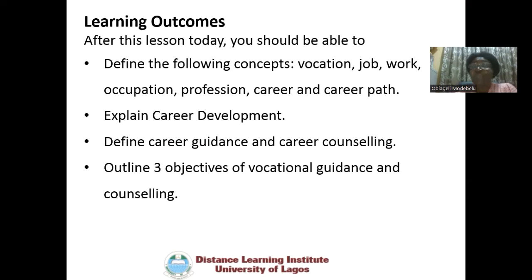You should be able to explain career development. You should be able to define career guidance and career counseling. And you should be able to outline at least 3 objectives of vocational guidance and counseling.